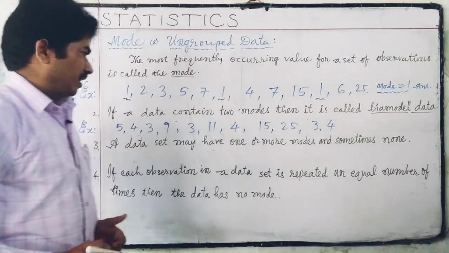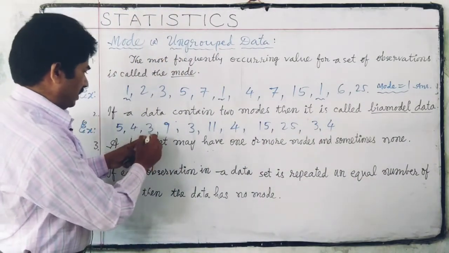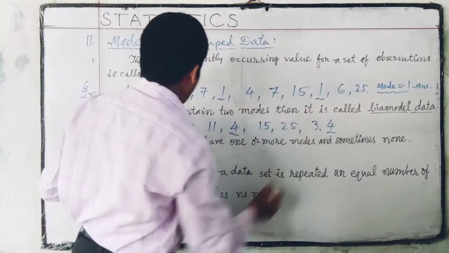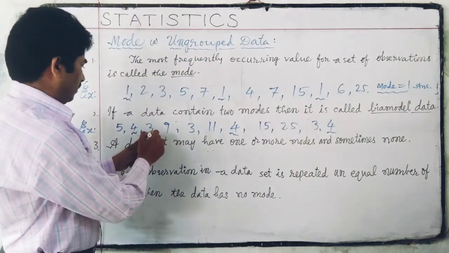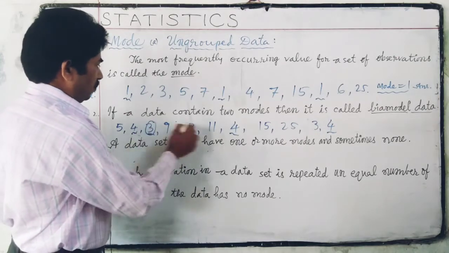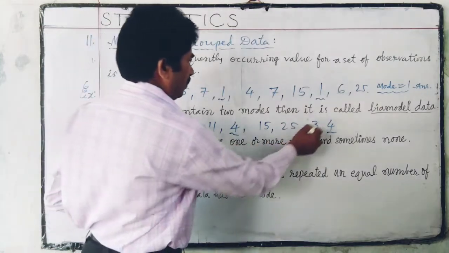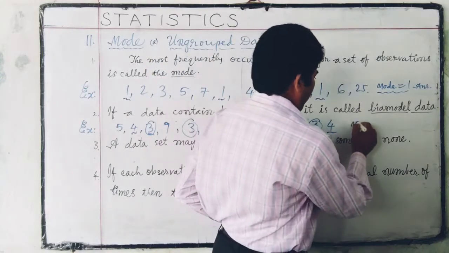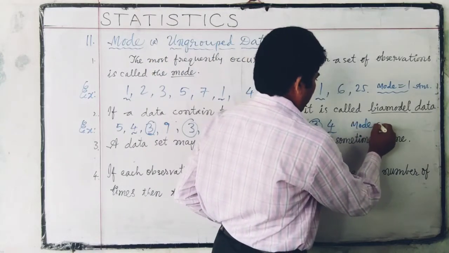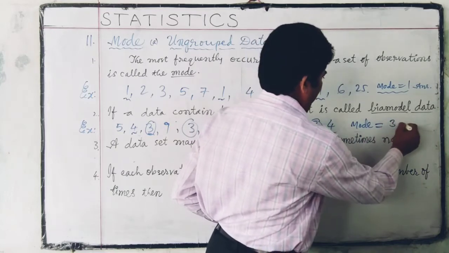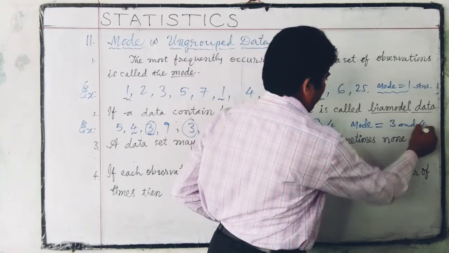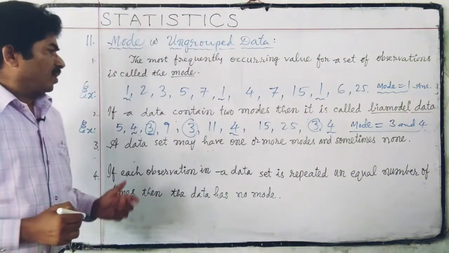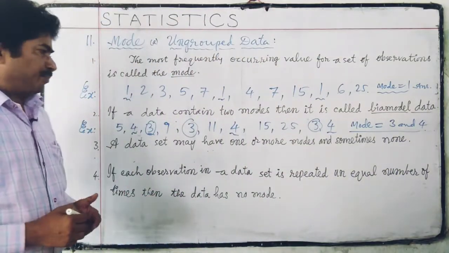So for this data, 4 is occurring 1, 2, 3 times and 3 is occurring 1, 2, 3 times. So mode of this data is equal to 3 and 4. So that's why this data is called bimodal data.